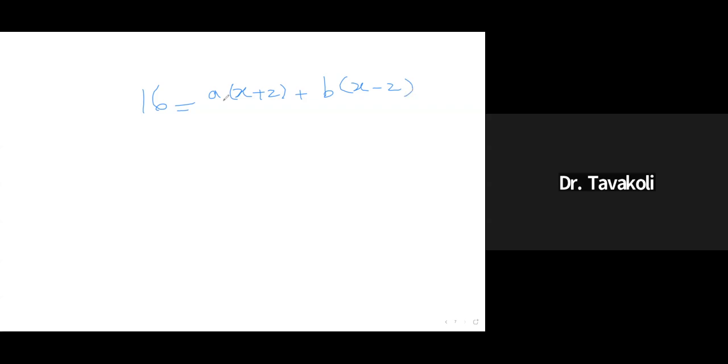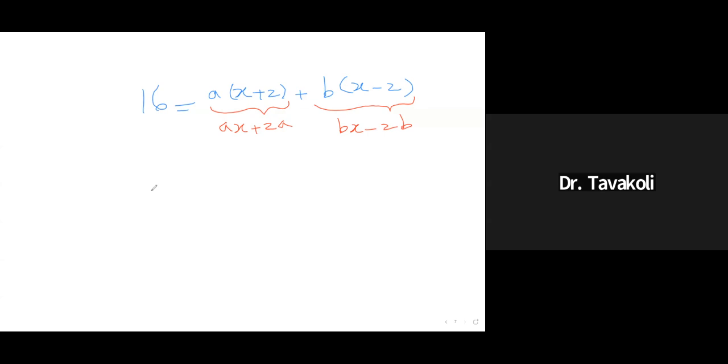So what is a times x plus 2? It is ax plus 2a. And what is b times x minus 2? It is bx minus 2b.